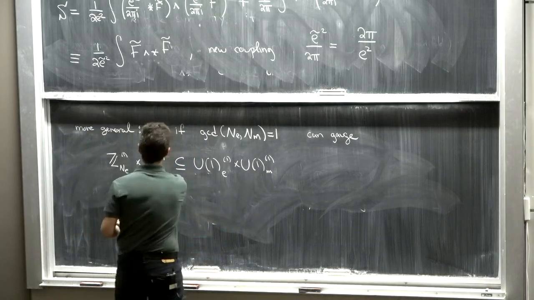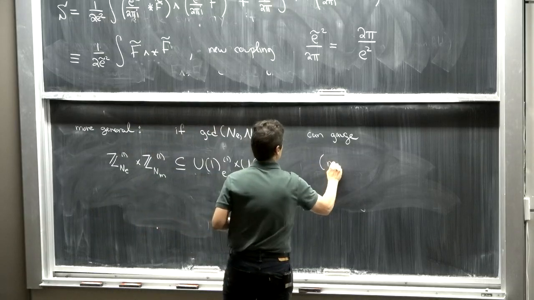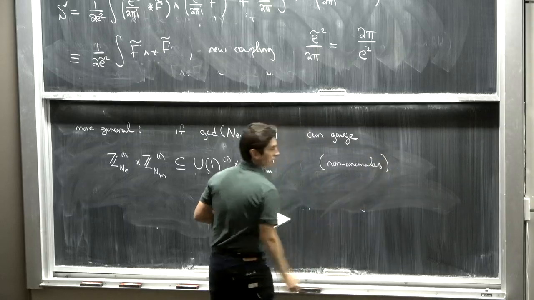So in other words, this subgroup, given this condition, is non-anomalous. That's a fun thing to work out, right?